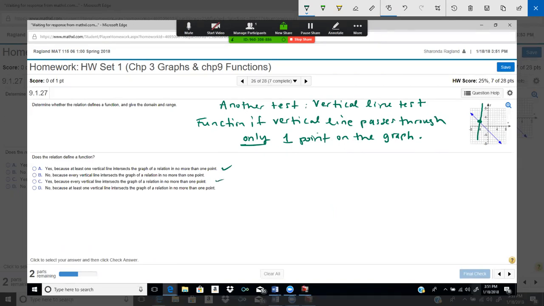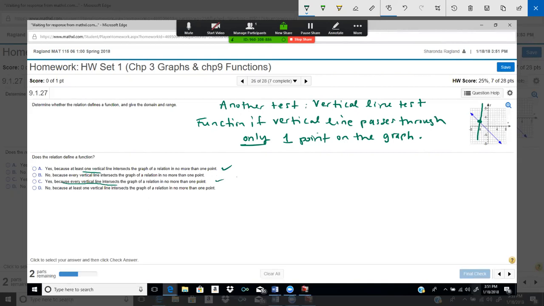Basically, this one says any vertical line, while this says at least one vertical line intersects the graph in no more than one point.